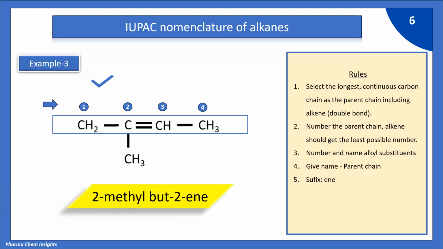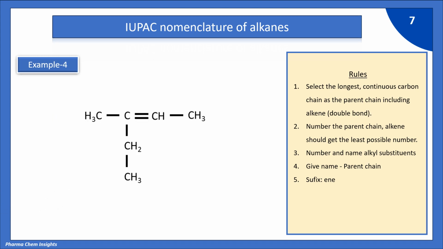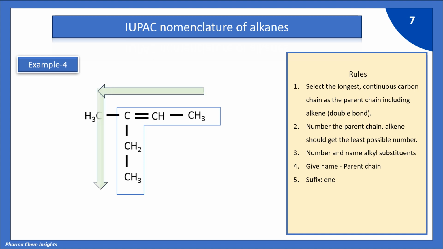Okay, let's move to the next example. Example 4. Okay, very interesting. So the longest carbon chain we have selected, which contains the double bond. Now let us see how many carbon atoms. It has 5 carbon atoms, and we can number either from this end, which is written in green, or from the opposite end, which is written in brown color.